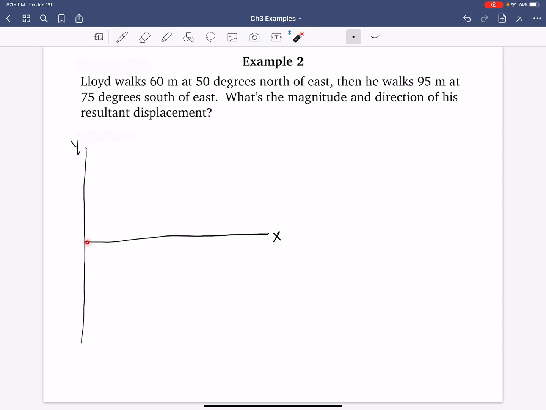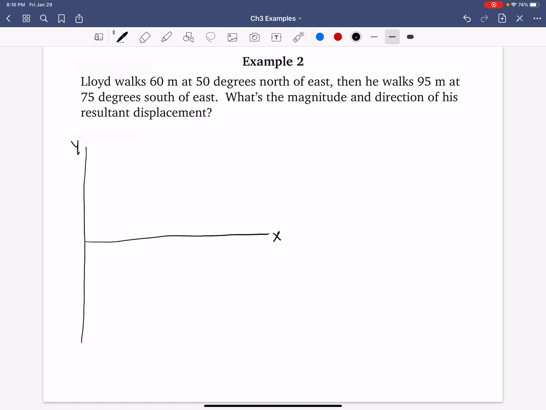So we have to find due east, which is to the right here, and we go north of that, which is straight up. So north of east at some angle is actually this way, counterclockwise. Conversely, south of east, like it says for vector 2, is south from due east. That's what that means.